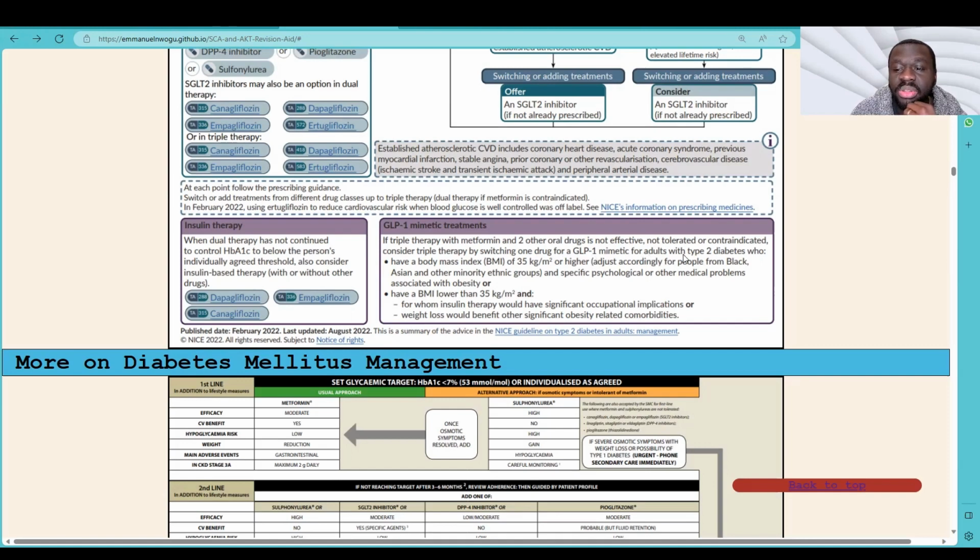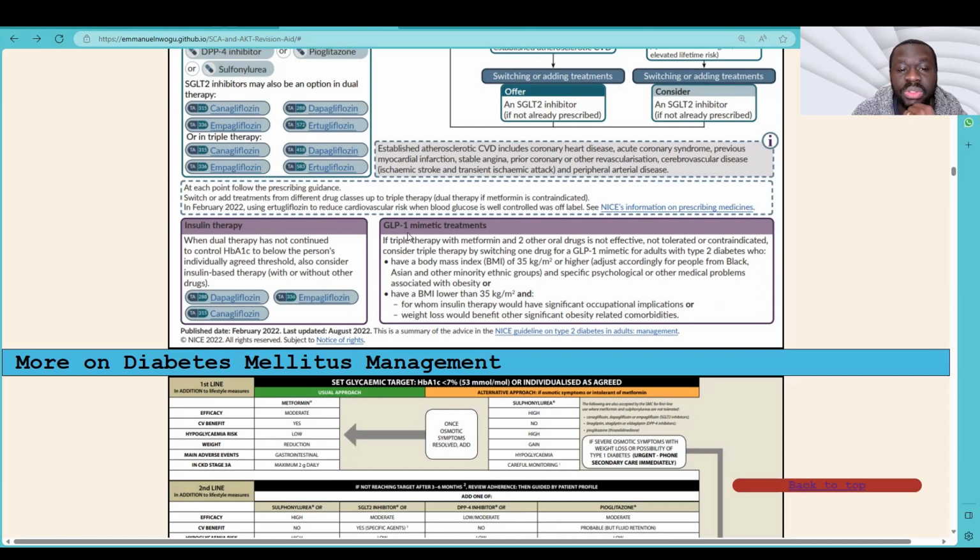This is for adults with type 2 diabetes who have a body mass index of 35 or more, so morbidly obese, adjusted accordingly for people from Black, Asian, and other minority ethnic groups, and specific psychological or other medical problems. Also if people have a BMI lower than 35 and insulin therapy would have significant occupational implications, or weight loss would benefit other significant obesity-related conditions.